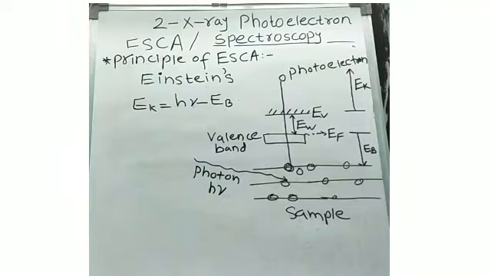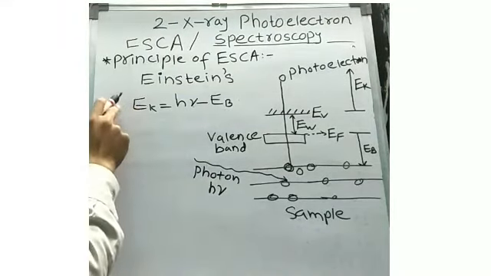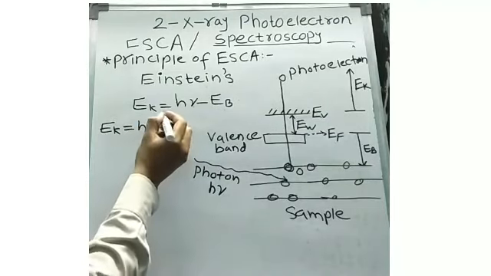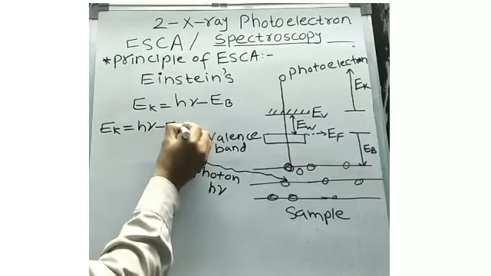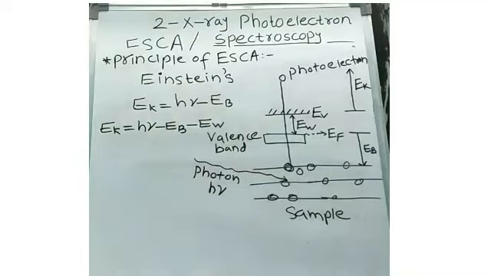So we can add the correction EW in this equation as Ek is equal to h nu minus Eb minus EW.